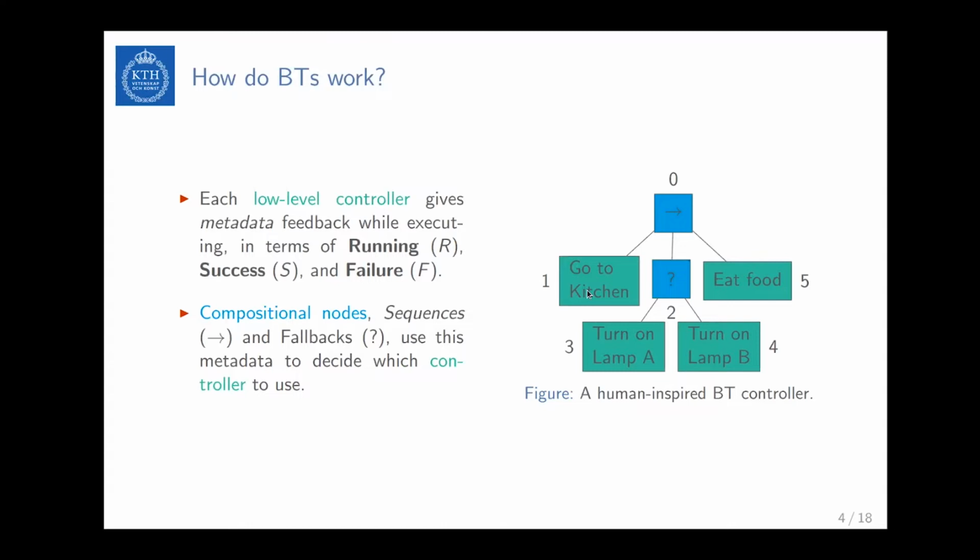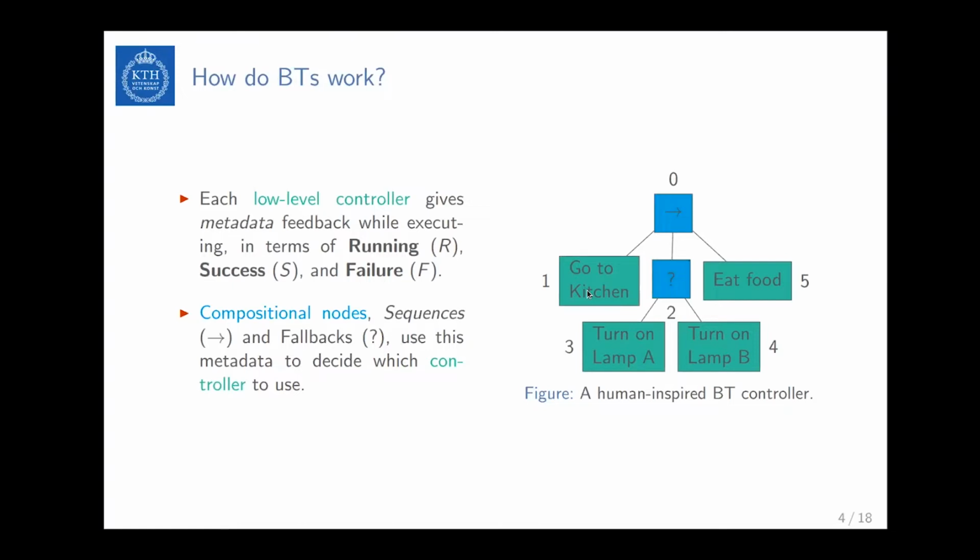If the action's running, it means it's doing its action. If it's succeeding, it means it's achieved its goal. And if it's failed, it means it's failed its goal. So basically each action returns this metadata to the high-level controller at the top. And then that controller determines which one of the other low-level controllers to use.